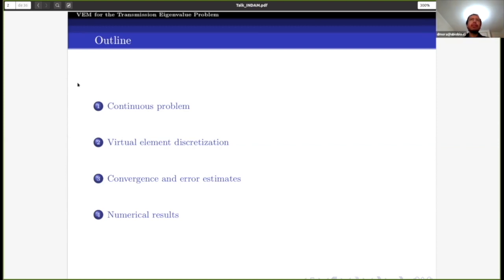Then we go to the virtual element discretization, where we are going to consider a C1 discrete space to write the discrete problem and the corresponding discrete solution operator. Then we go to the convergence and error estimates, where we will establish the error estimate for the eigenvalues and for the eigenfunctions, to finish with some numerical tests.